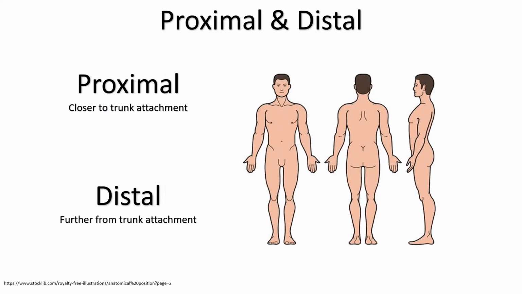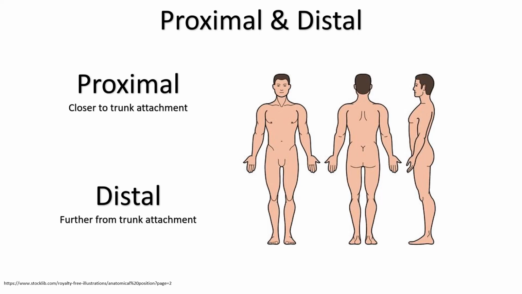So the next two terms that we're going to look at are proximal and distal. This one can be a little more confusing, but the main thing that you need to remember is that it's describing the position in relation to the attachment to your torso. The easiest way to look at this would be with your arm. Proximal would be the point on the body that is closest to the point of attachment to the trunk. Distal would be used to describe a part that is further away from the point of attachment to the trunk.